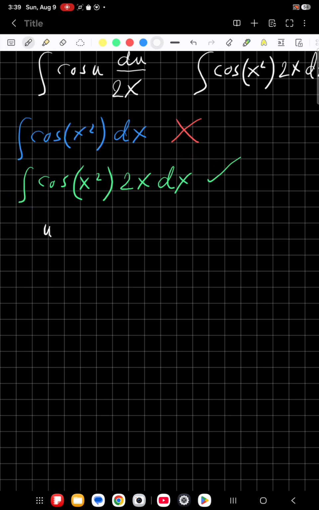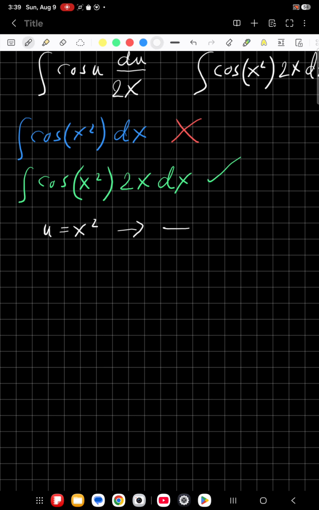So I go u equals x squared. Now, I know that I will need dx equals some stuff. So instead of replacing it right now, instead of putting that u in here, I'll just take a derivative of this and find that dx. So let's do it.